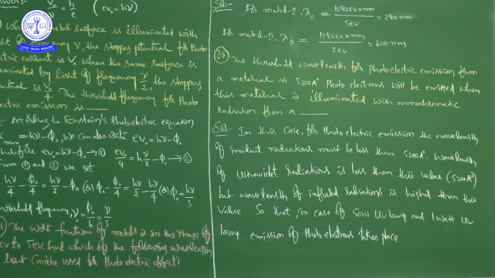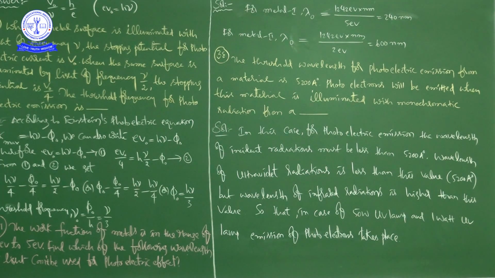See here, question 38. The threshold wavelength for photoelectric emission from a material is 5200 angstrom unit. Photoelectrons will be emitted when this material is illuminated with monochromatic radiation from A.